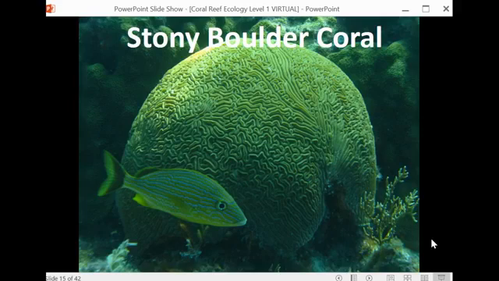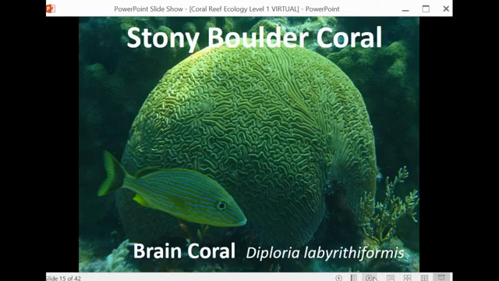Our boulder corals in general are pretty slow growing, but the boulder corals, like the brain coral, hopefully that's what you were thinking. Okay, that's the species of stony boulder coral that we're looking at here.